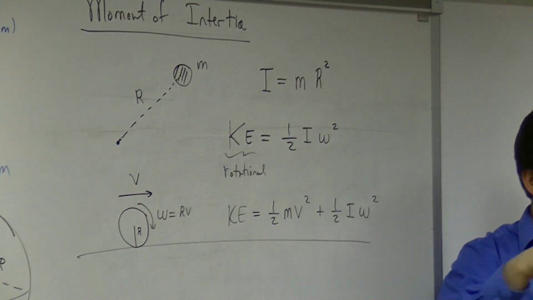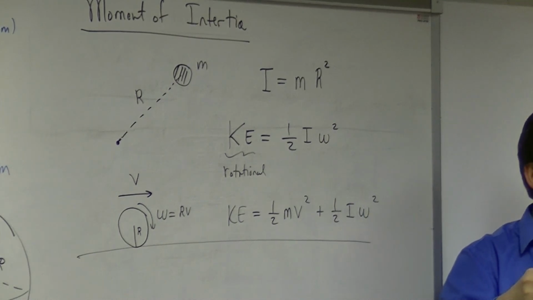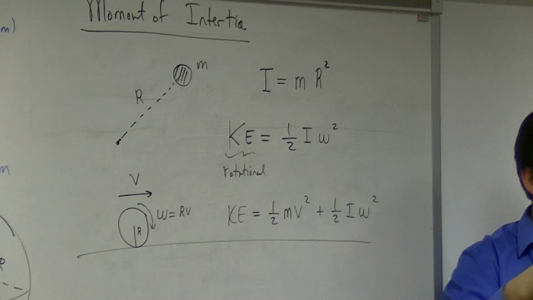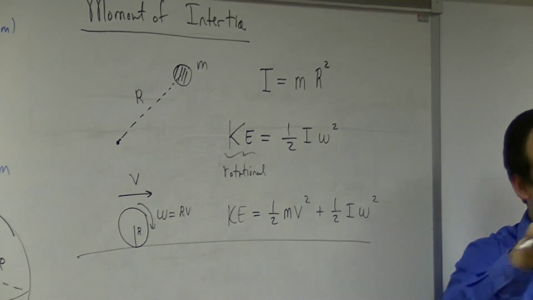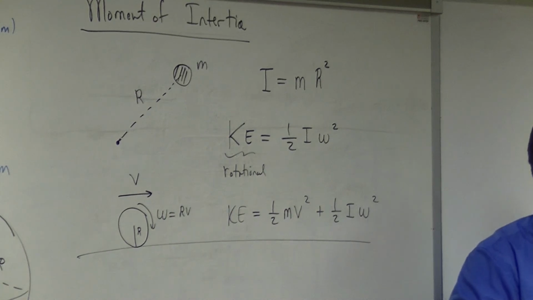Before this point in the course, if it was spinning, you'd ask how much kinetic energy it has and say it's not moving, so it's zero. Well, it's moving in a circular way. That's a new kind of motion that we're just now describing. Like a top. Yes, a top would have rotational kinetic energy.